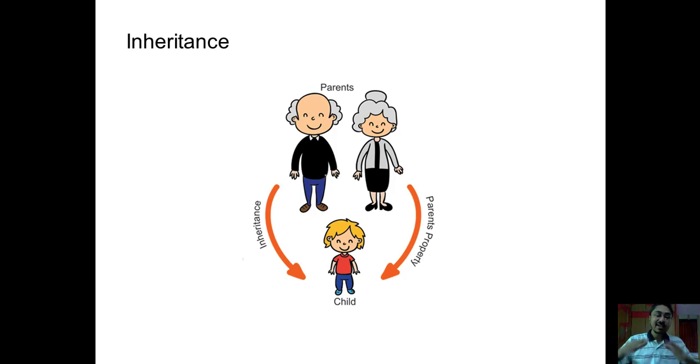If I say this entire property is ancestral property, or he is rich because his parents were rich and he got all his properties and wealth inherited from his parents, that is nothing but inheritance. In a general sense, inheritance means getting something readily available from your parents.